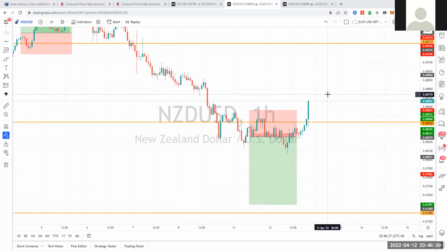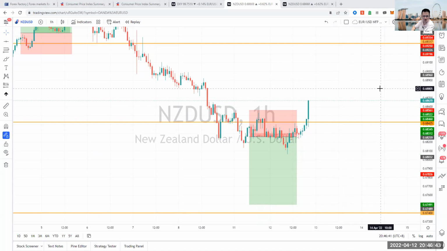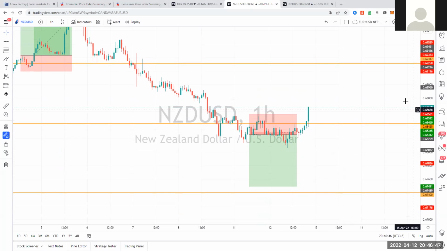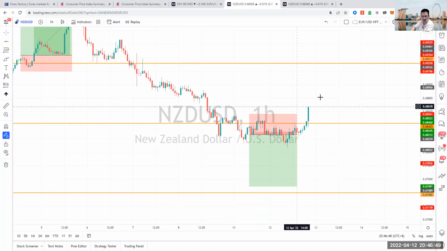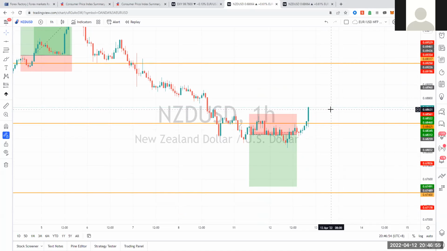I think for Kiwi, probably don't rush into it, especially with the news tomorrow. Okay, leave it for tomorrow. You could see how it ends up tonight. You might not have time to jump into a trade tomorrow, so you could put a pending order for that news tomorrow morning, depending on how this move ends up tonight.